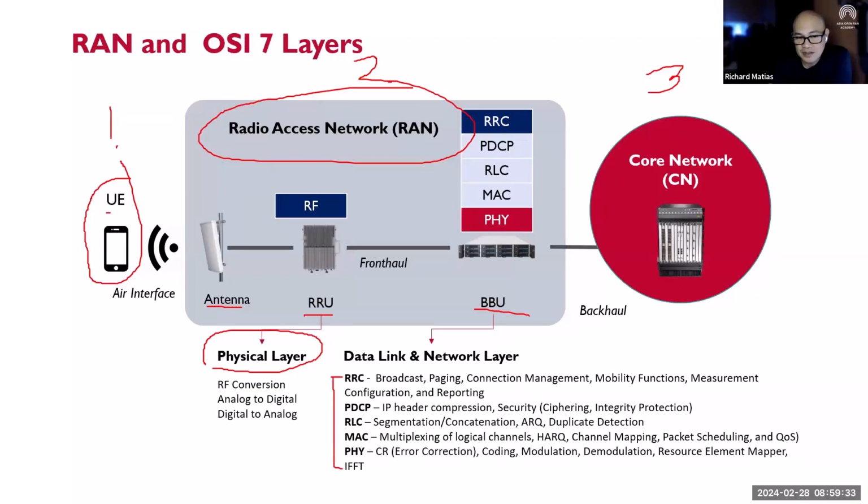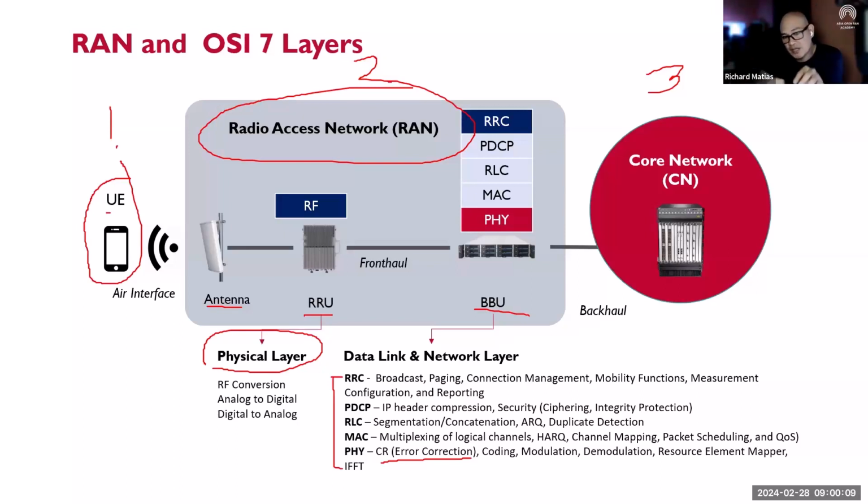You have the error correction. If there's an error in the transmission of the number of bits or data, with coding you are adding more bits to add more redundancy, to increase the integrity of your transmission. You also have the modulation, where you're converting that analog signal to a digital component, and you can demodulate also, which is the reverse of the modulation, and the resource element mapper.